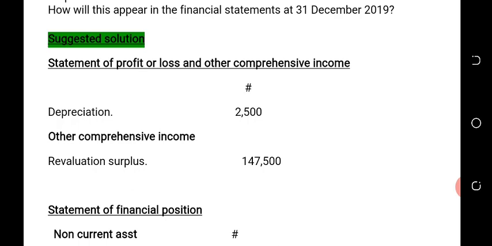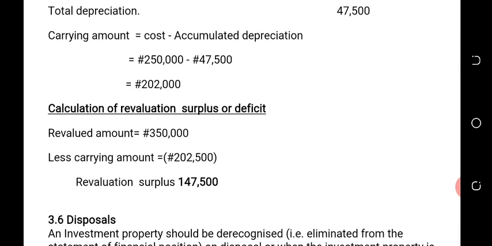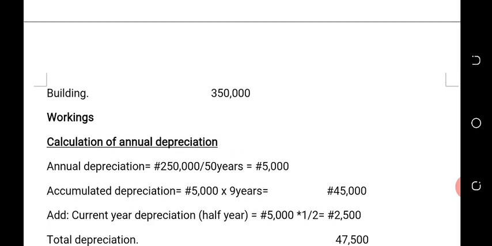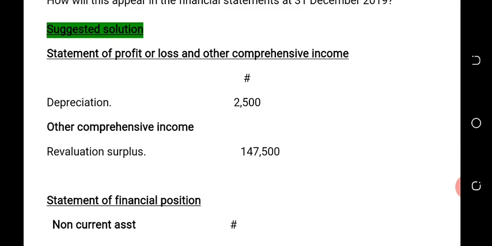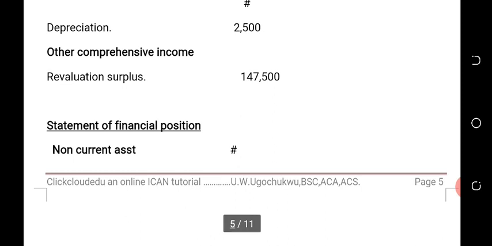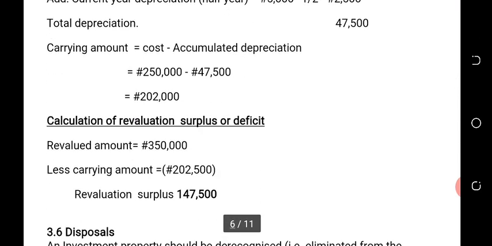Now, the depreciation is 2,500 naira. That means we debit our profit or loss and credit our accumulated depreciation. So that is the reason why we have a depreciation under our profit or loss statement. While our surplus of 147,500 should be under our revaluation surplus.